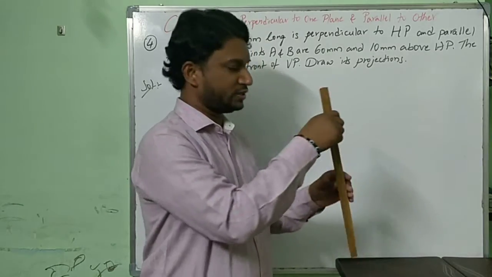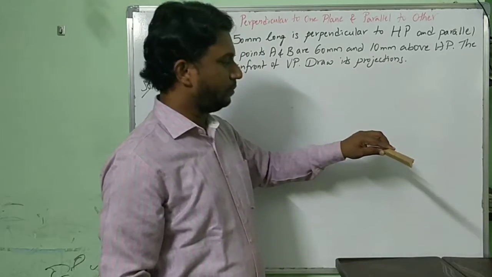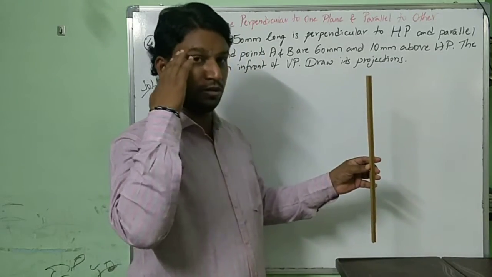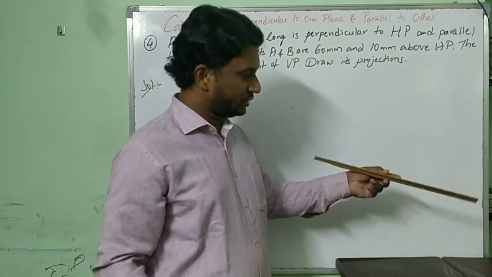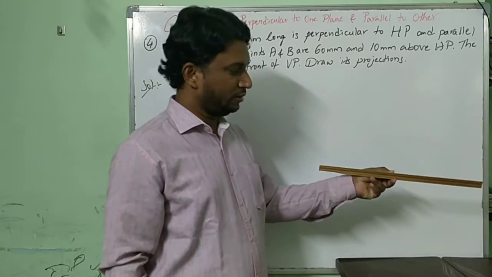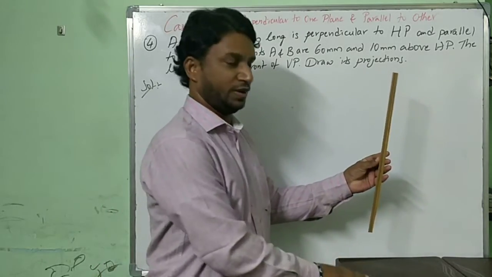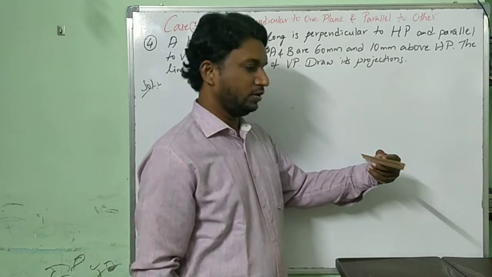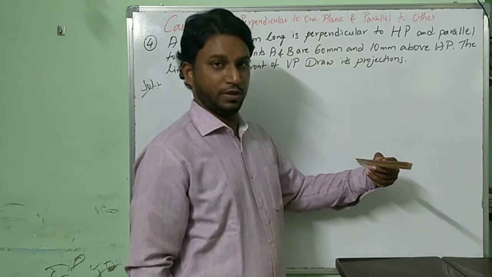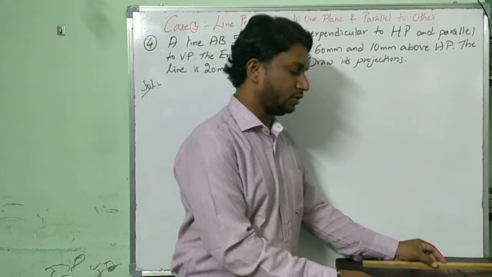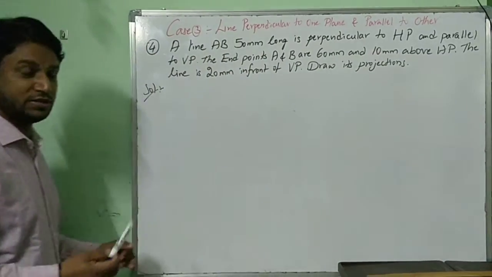These are the two cases, perpendicular to HP and perpendicular to VP. Perpendicular, remember, 90 degrees. Parallel to HP, perpendicular to VP; parallel to VP, perpendicular to HP. Clear? Now, coming to the problems, we will solve problems so that you will understand better.